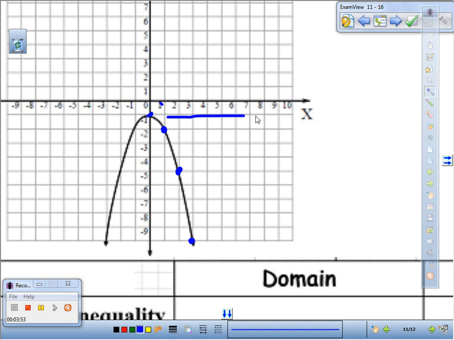So, what does that tell you about x? It's going to continue to what? To positive infinity. That is correct. So the end behavior for this side for x, we're going to write as x goes to positive infinity.